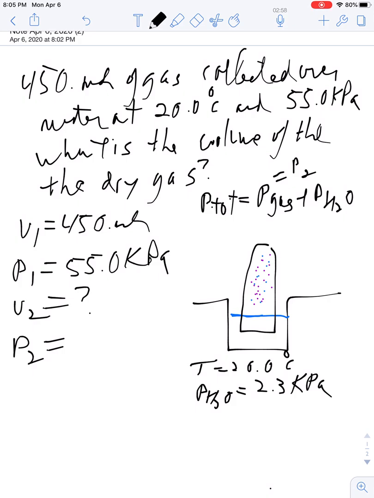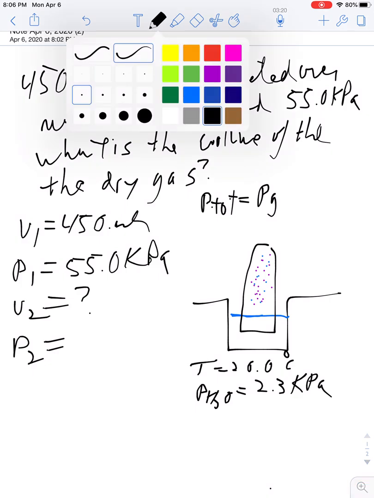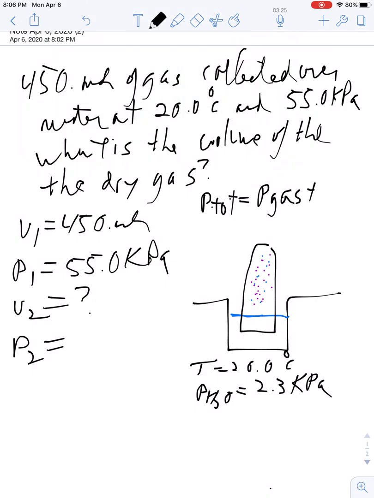As I explained before, V1 is basically the wet gas, and then mathematically we are going to remove that blue water vapor.